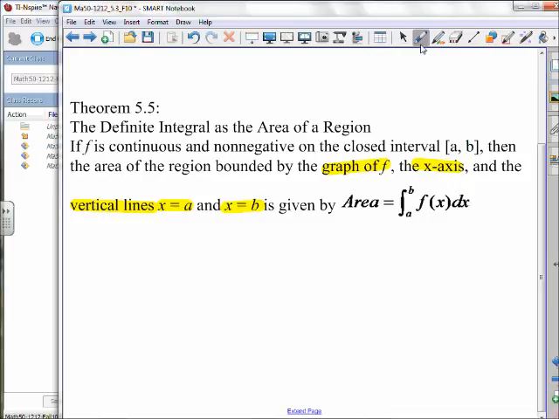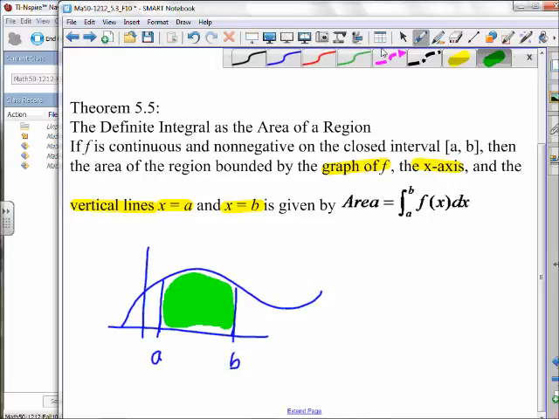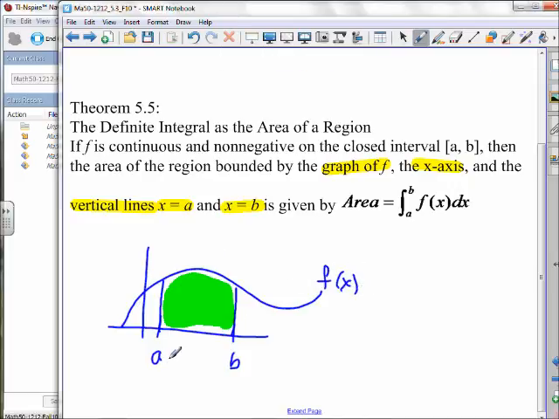Okay, so when we look at this, if this is a, this is b, we're looking at the area in here, bound by the function. So here's f of x.